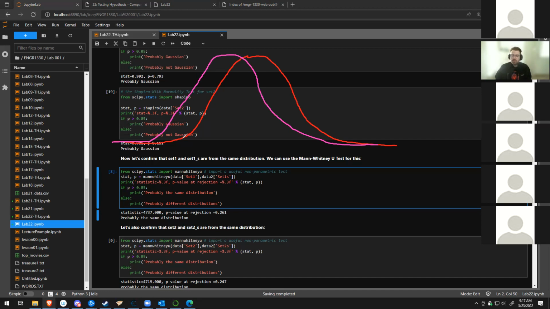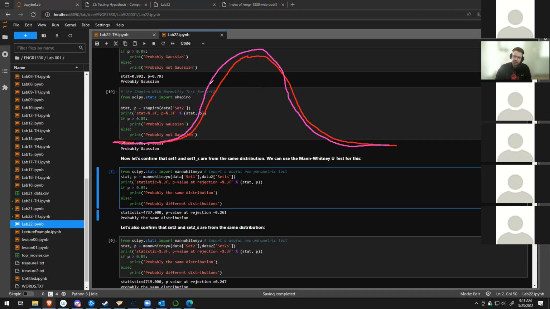You're not going to have to really understand the derivations. But you want to be able to say how confident you are that two things are from the same distribution, or how confident you are that it's normal, because you very rarely get to say that, yes, 100% this is or isn't something.